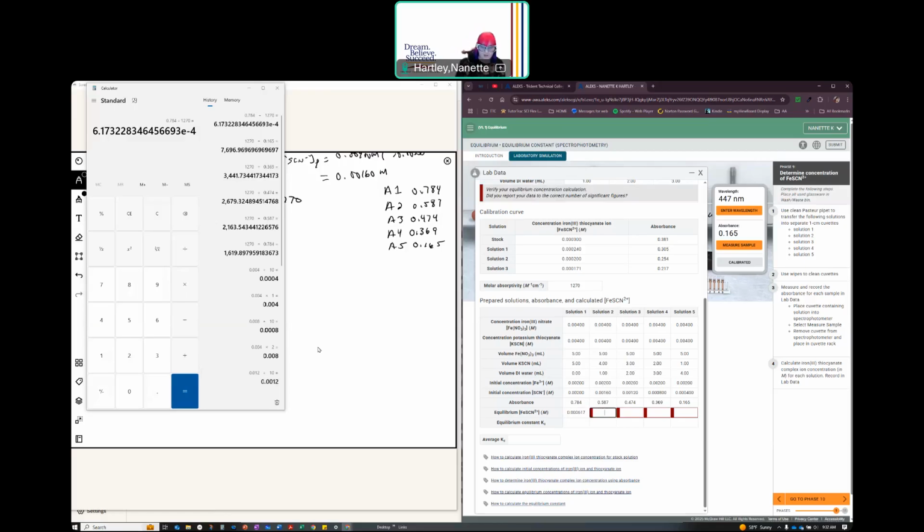So next one is going to be 0.587 over 1270.